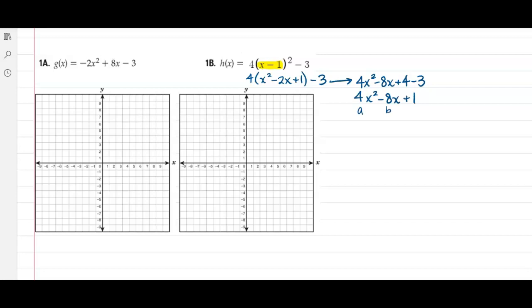Now I can tell what A, B, and C are. I can now calculate the opposite of B over twice A. The opposite of B is 8 over 2 times 4, which is 8, which gives me 1. I know there's an axis of symmetry at 1.